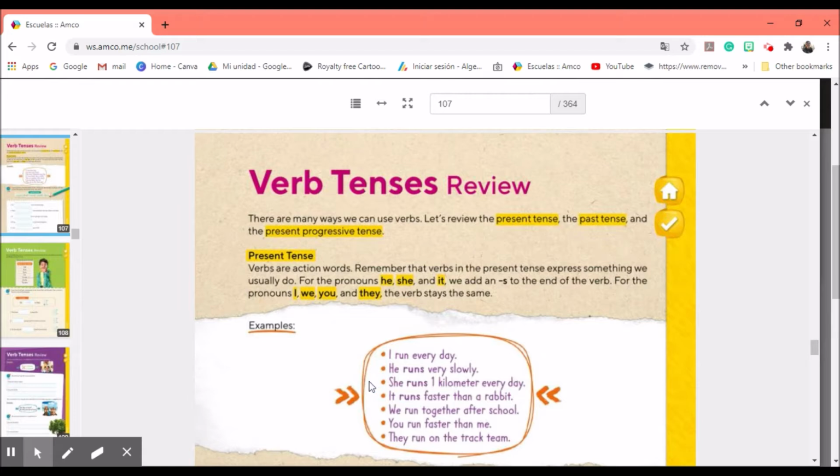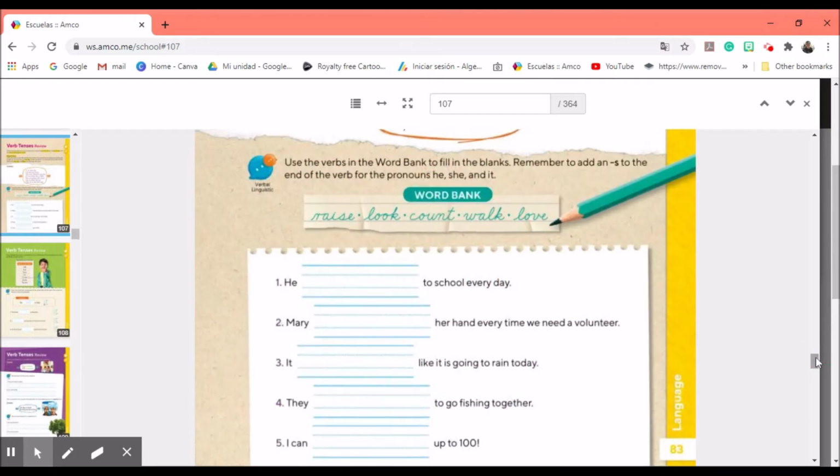Why don't you pick 3 examples and represent them with a picture in the blank pages section of your book. Now you have to use the verbs in the word bank to fill in the blanks. Remember to add an s to the end of the verb for the pronouns he, she, and it. We have the verbs raise, look, count, walk, and love.